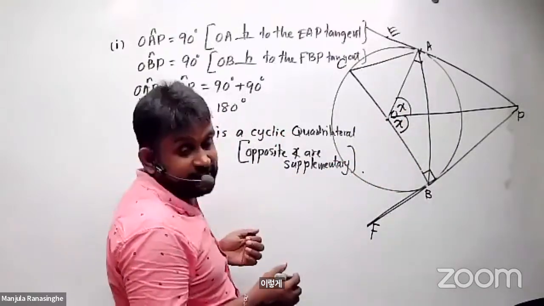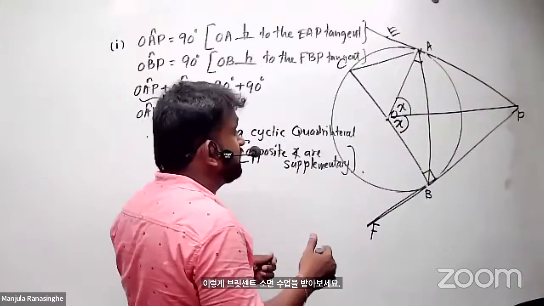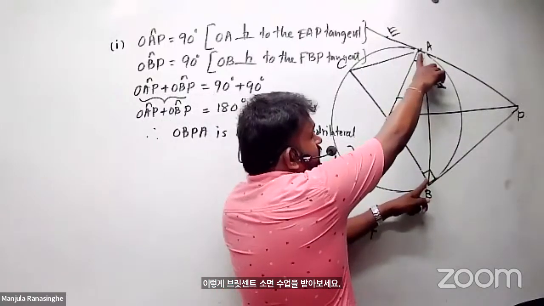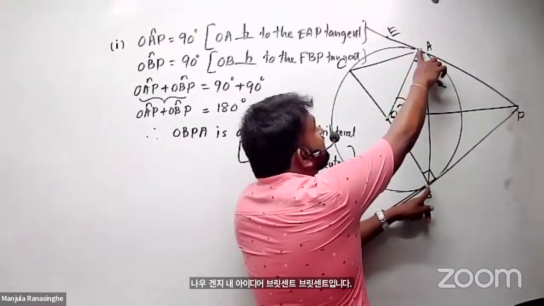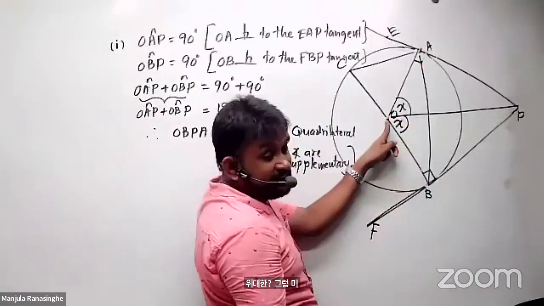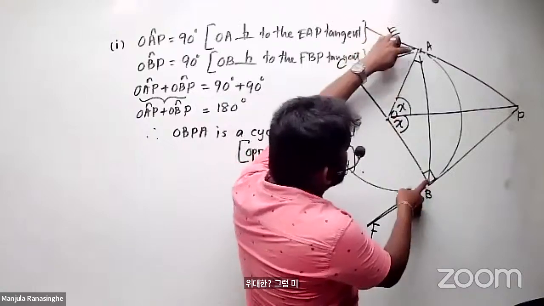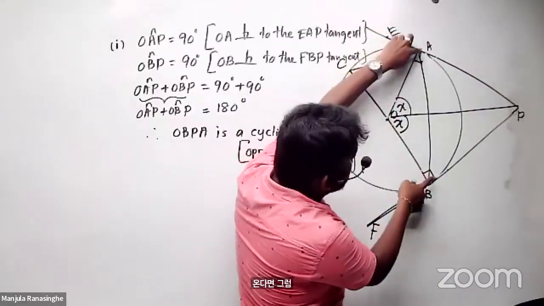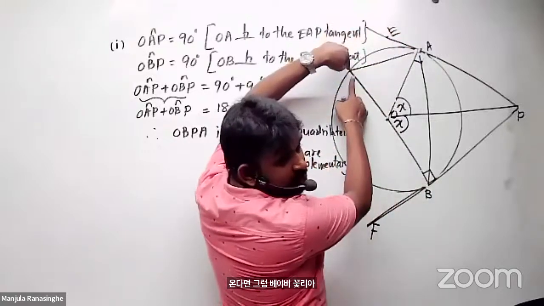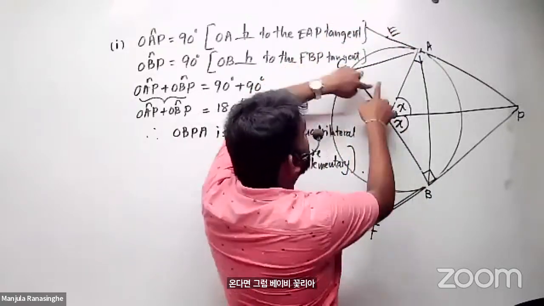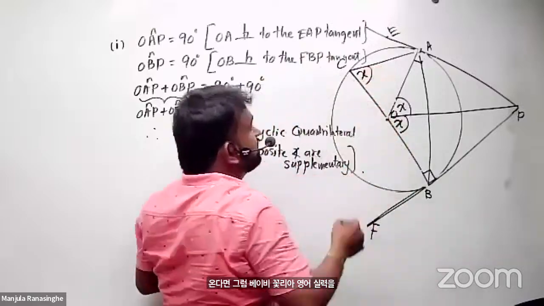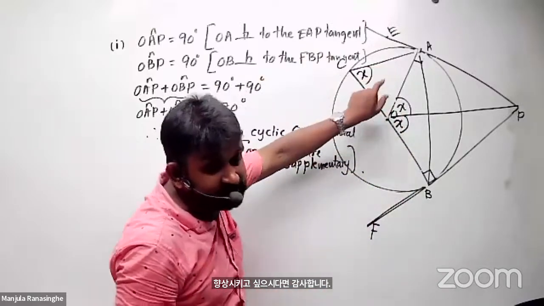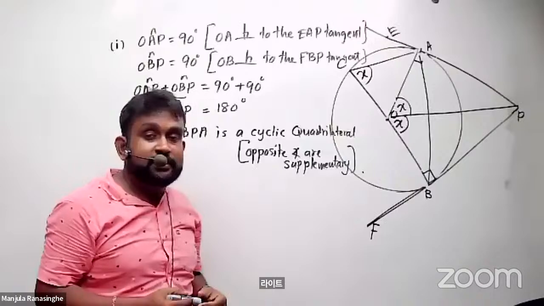From chord AB, the angle subtended at the center is 2x. And from the same chord AB, the angle subtended at the segment is half of that. If it is 2x, that is x. So that's how you prove it.